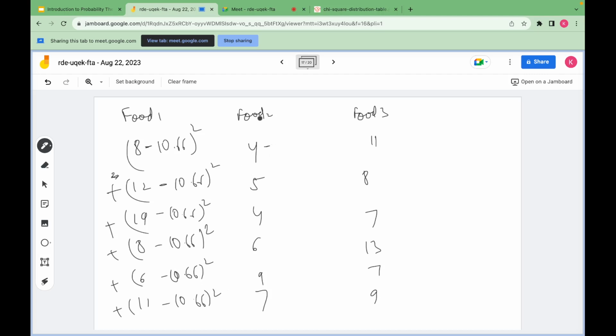Similarly, for the second group, the average is 5.833.